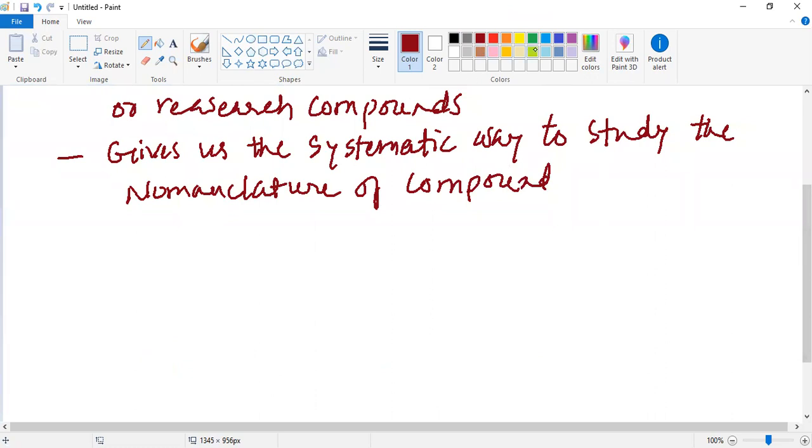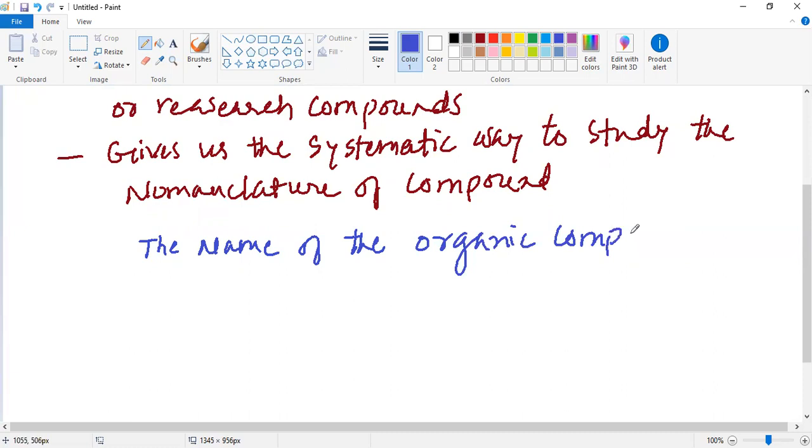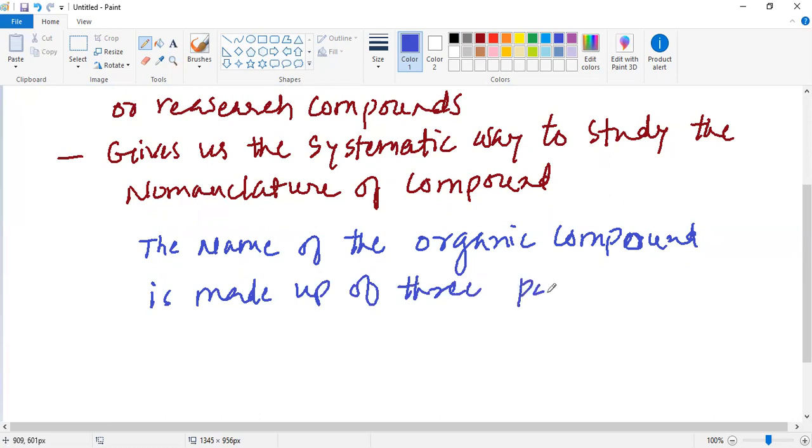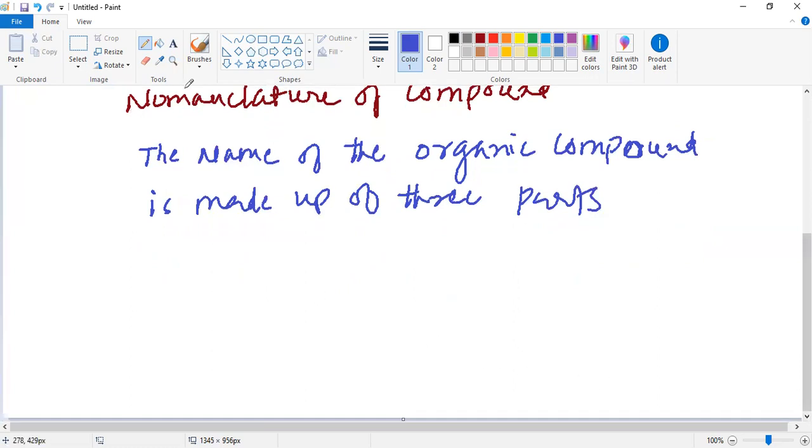See, the name of the organic compound is made up of three parts. I have already informed you about this.